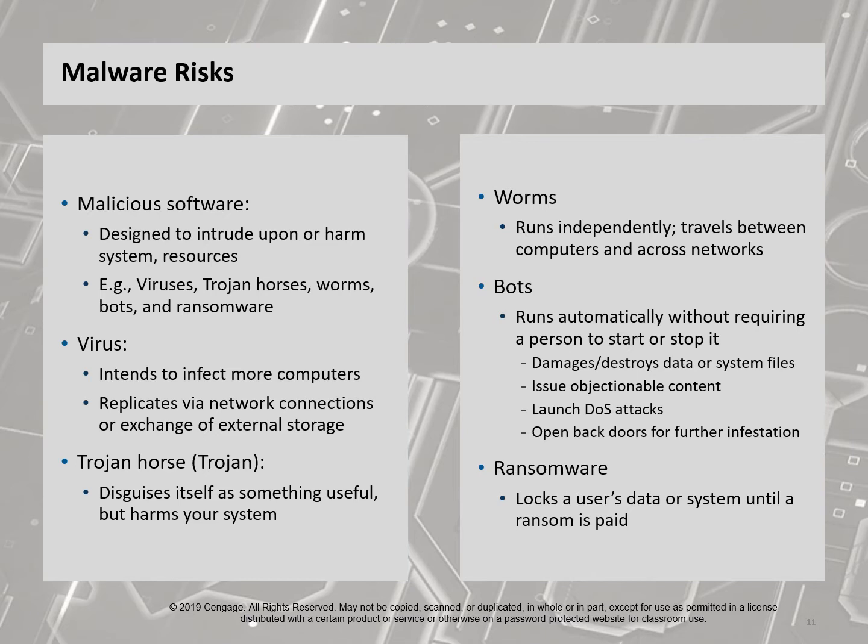You can just go ahead and set it out into the world, and based on predetermined conditions, it will just start engaging in whatever activity it was programmed to handle. So that could be attacking systems, destroying data, launching objectionable content, launching DoS attacks, controlling DoS attacks, or opening backdoors for further infestation. Opening backdoors is actually something that Trojans tend to do as well. So that may be kind of a crossover there.